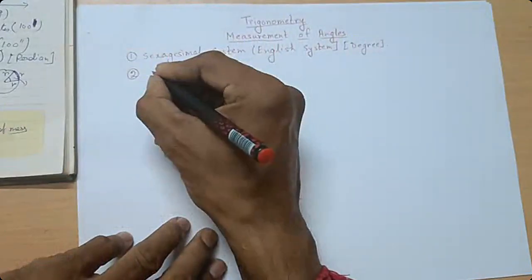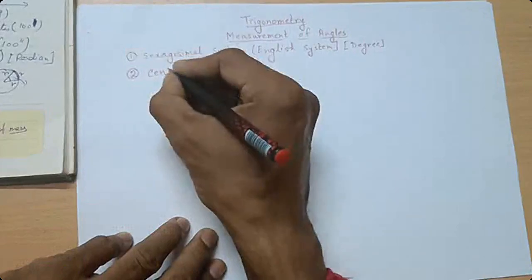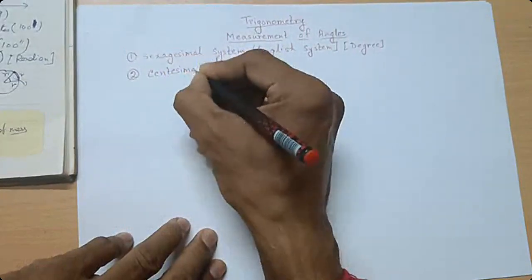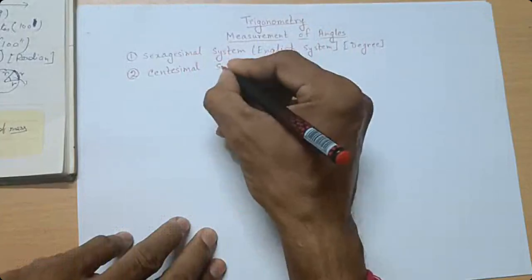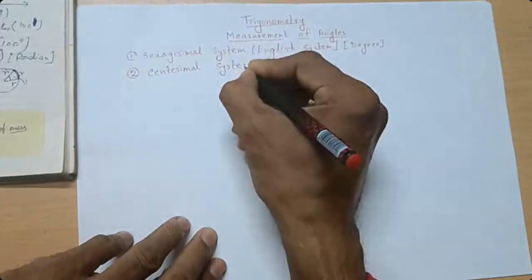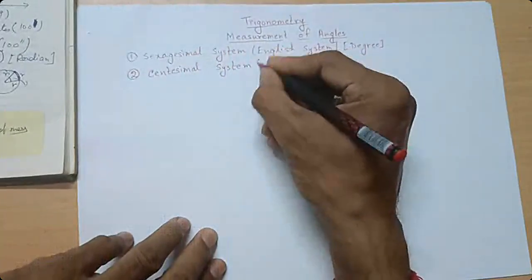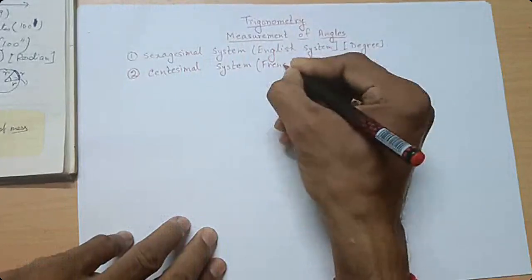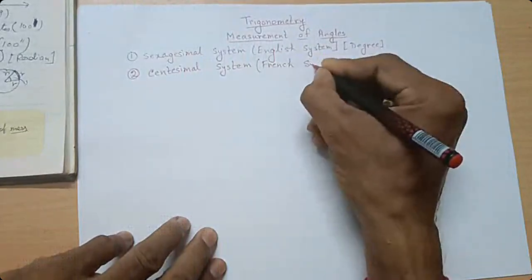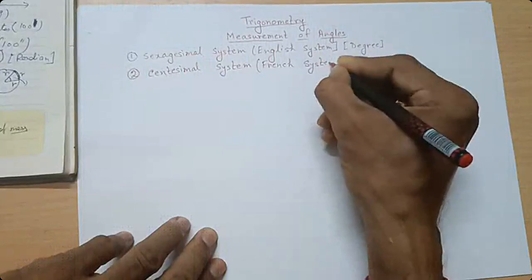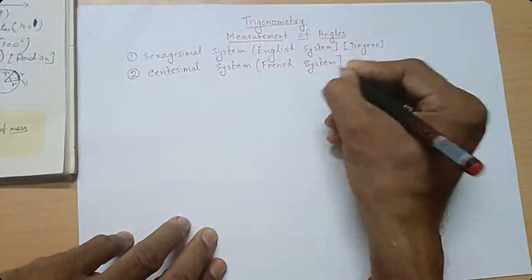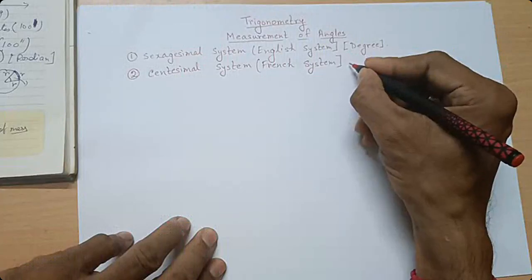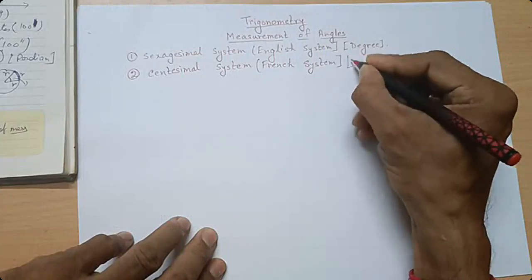The second one is the centesimal system, known as the French system. In the centesimal system, we measure the angle in grades.